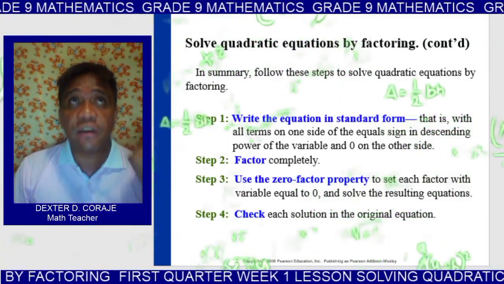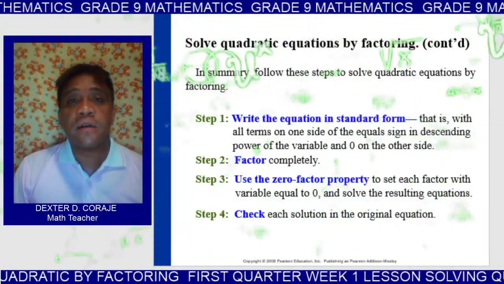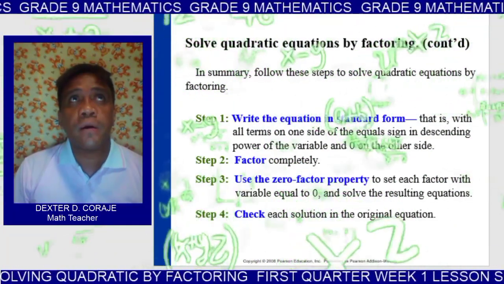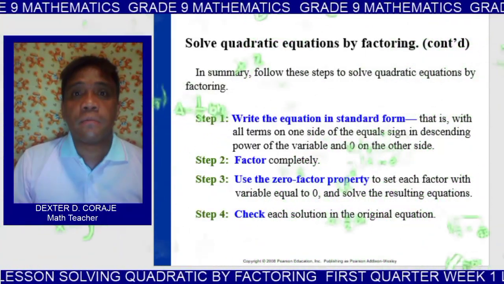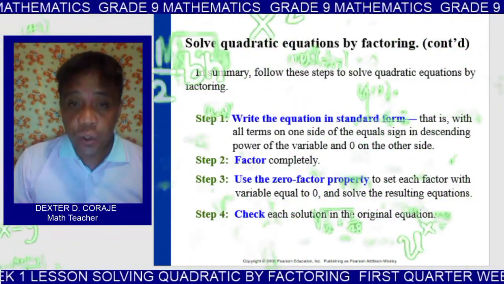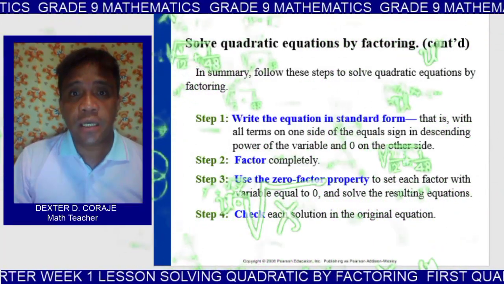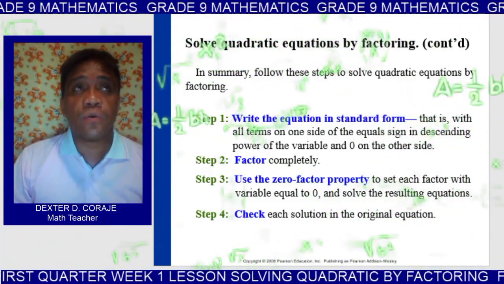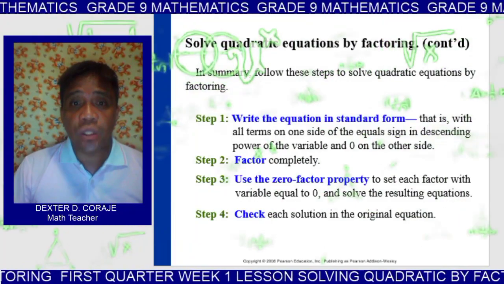And take note, if the quadratic equation is written in the factored form, then the right side is 0, then equate automatically to 0 every factor, as what we have in example number 1. Now, step 2 is factor completely, so we must be knowledgeable enough in how to factor it out.